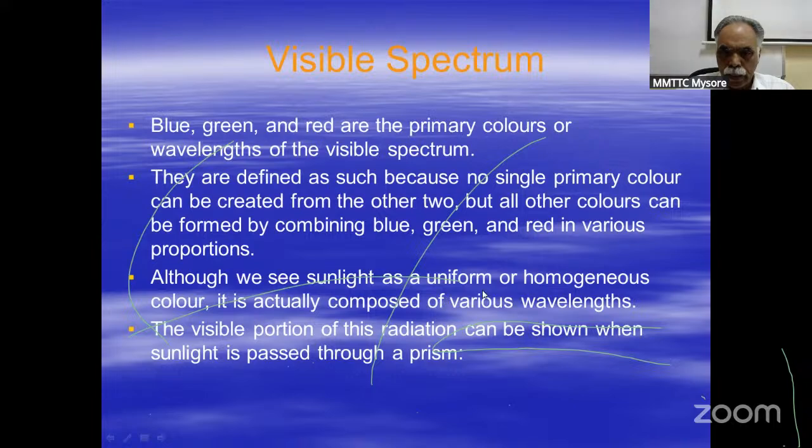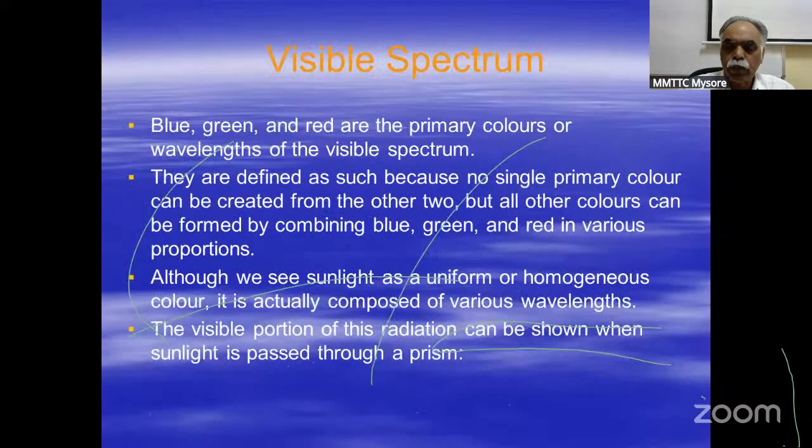Although we see sunlight as a uniform or homogeneous color, it is actually composed of various wavelengths. So we see the sun ray as one single ray, but it has all these electromagnetic spectrum, as I told you: gamma rays, X-rays, ultraviolet rays, infrared rays, visible rays, radio waves, all in one single ray.